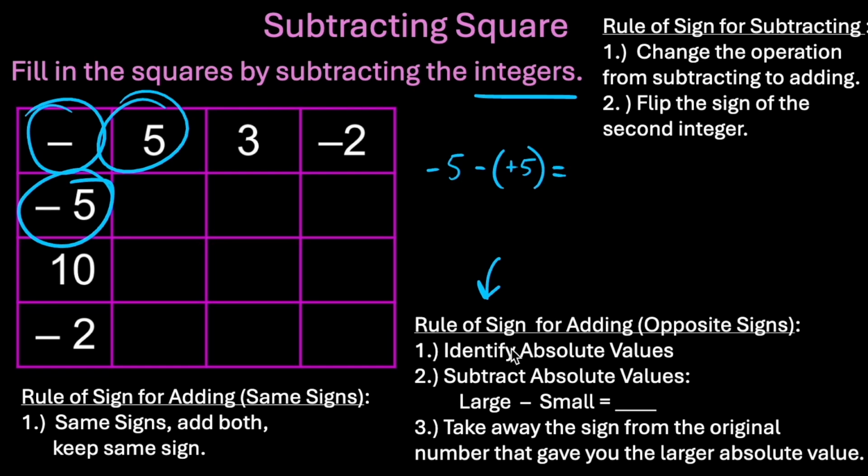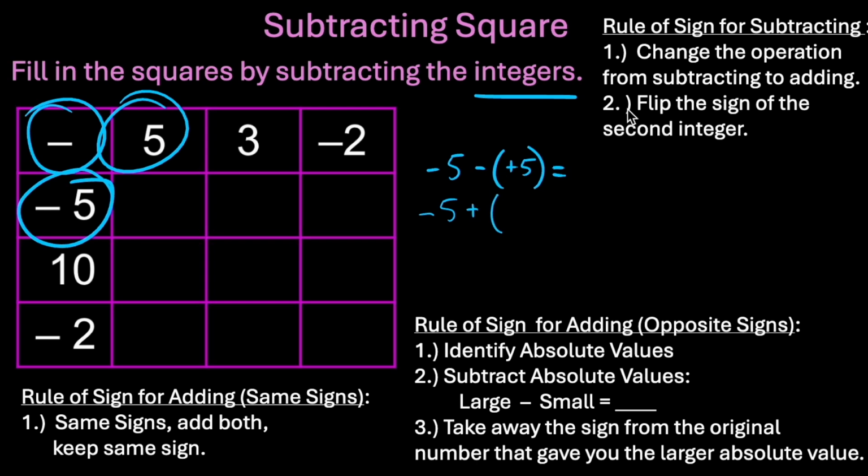Before we go there, we need to use the rule of sign for subtracting, which has two simple steps. The first step is to change the operation from subtracting to adding. So we'll bring this -5 down and then change the minus to an adding sign.